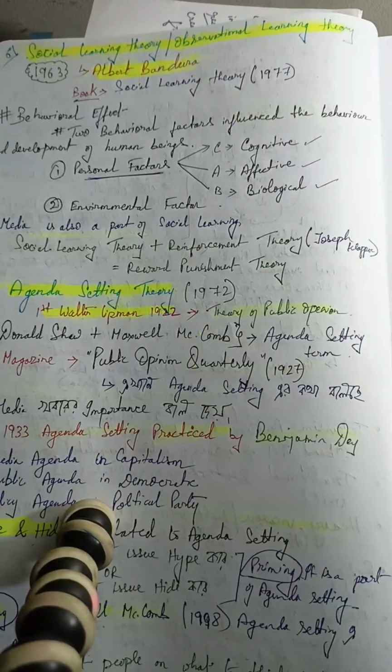Social learning theory is also known as social cognitive theory, and it was developed by Albert Bandura in 1963. It emphasizes that people learn behavior by observing others, particularly through modeling, imitation and reinforcement rather than through direct experience alone.